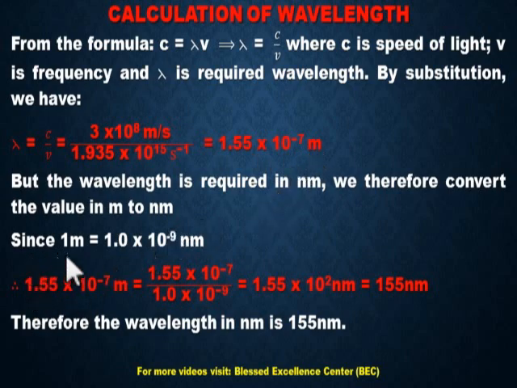So we now say, since 1 nanometer is equal to 1.0 times 10 exponent minus 9 meter, therefore 1.55 times 10 exponent minus 7 meter, being the value we obtained in meters here, will be equal to, you cross multiply, 1.55 times 10 exponent minus 7 divided by 1.0 times 10 exponent minus 9, and that will give you 1.55 times 10 exponent 2 nanometers. 10 exponent 2 is 100.